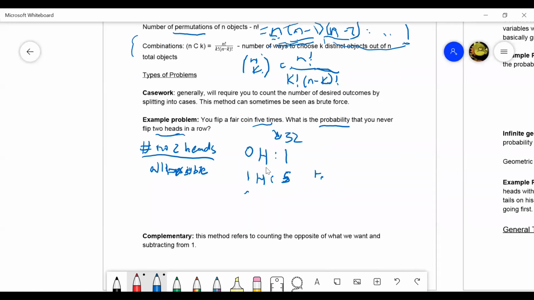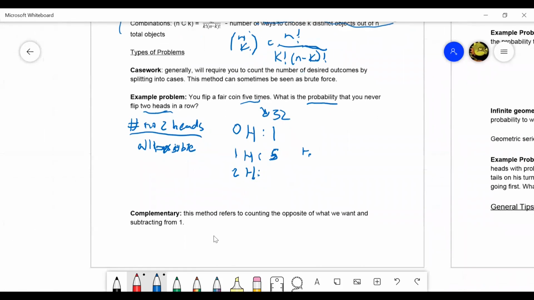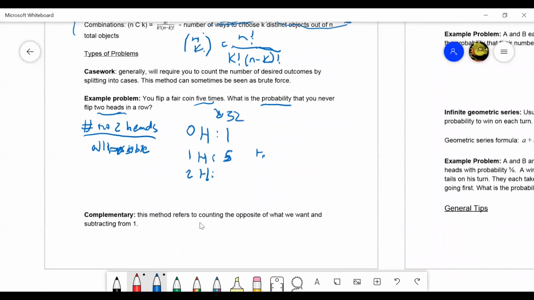Next, we have the probability with 2 heads. And with this, we can do this in multiple different ways. I think I'm going to just use complementary counting here, where we can count the number of cases where you flip 2 heads and the 2 heads are in a row, and subtract that from all the possible cases with only 2 heads.